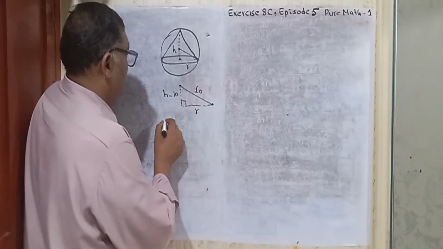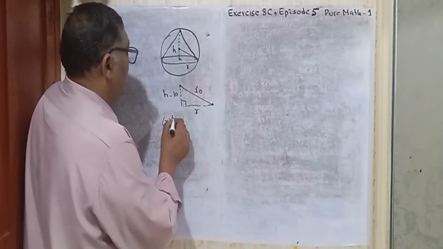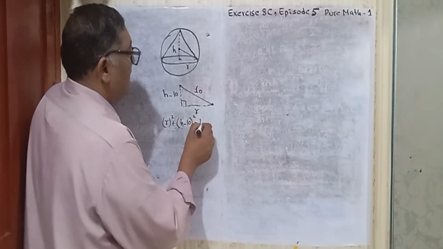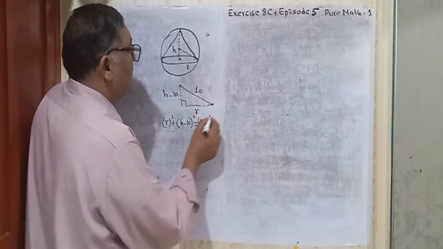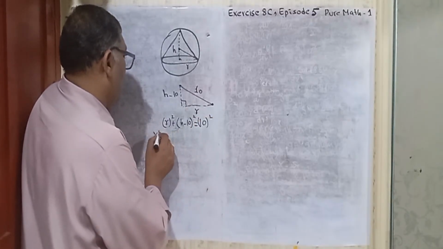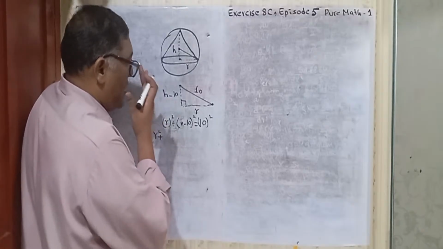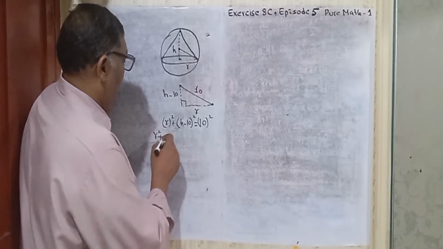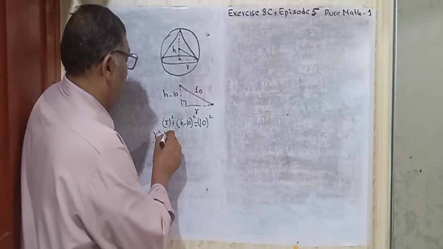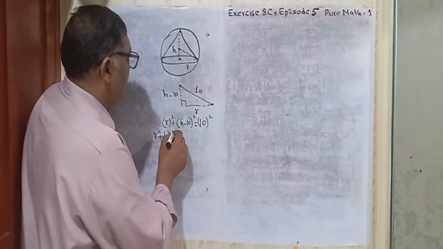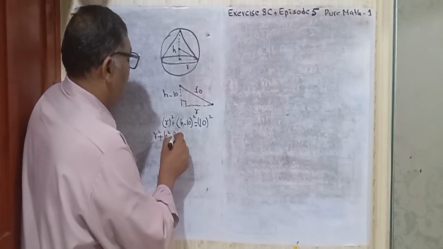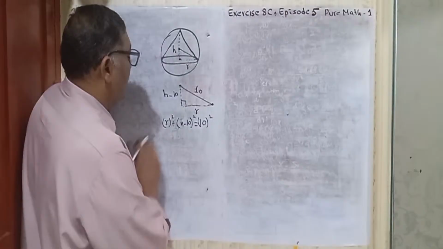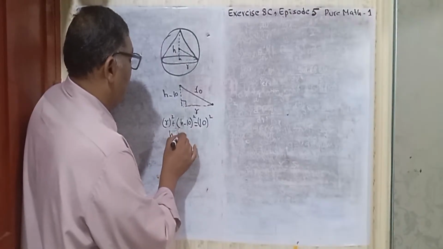You will get r square plus h minus 10 whole square is equal to 10 square. Instead of opening it, let's do it the other way.